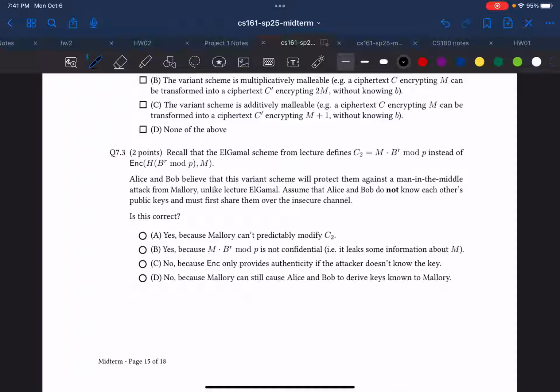So is it true that they are resistant to man-in-the-middle attacks now? This is not going to be correct. Specifically, it's going to be answer choice D. As we just said, the only thing that we changed is how we encrypt our message.